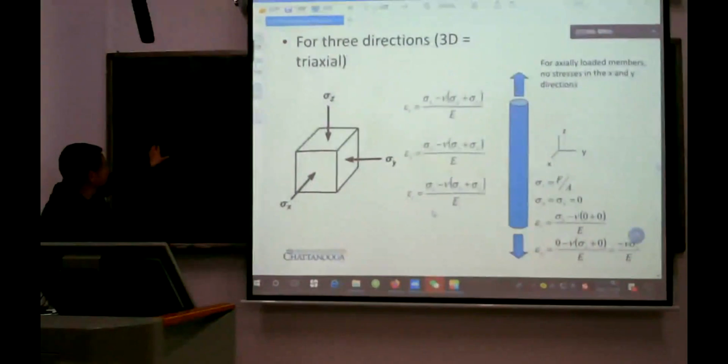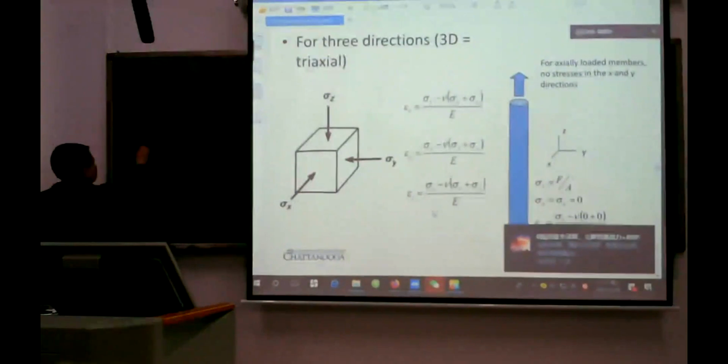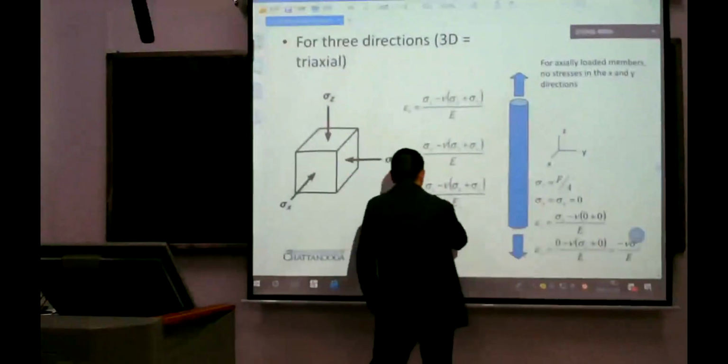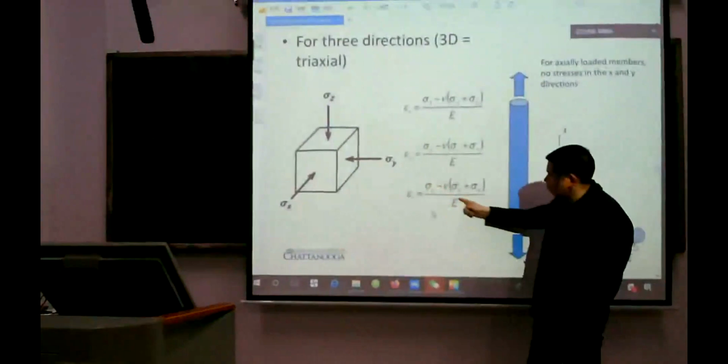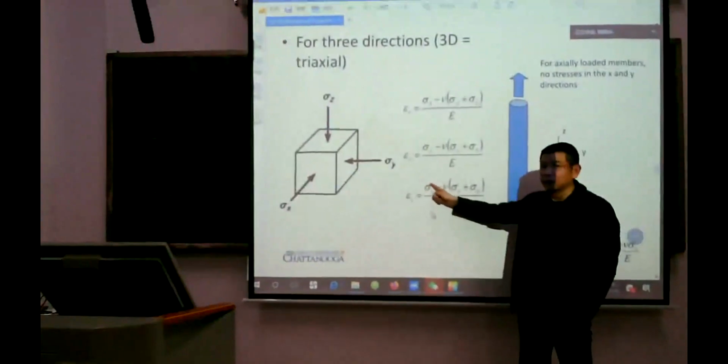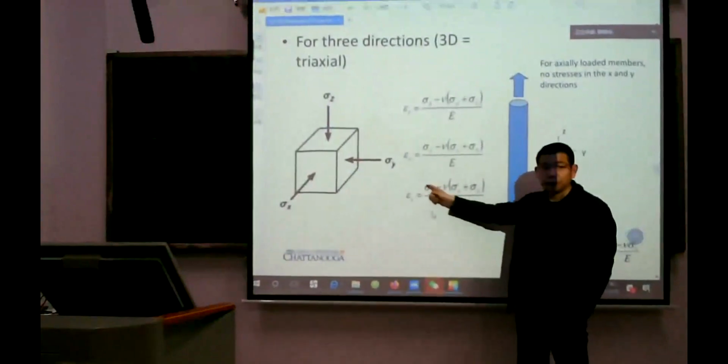make a summation of the same direction. So epsilon z, yes or no? Epsilon z in the direction. Because of sigma z, there is a strain.